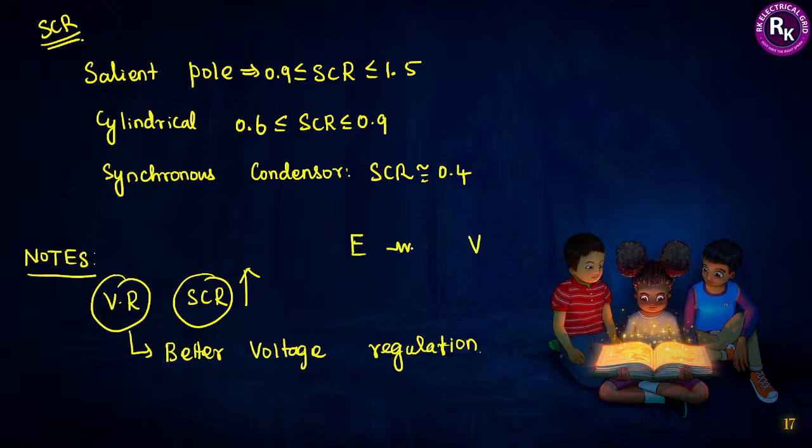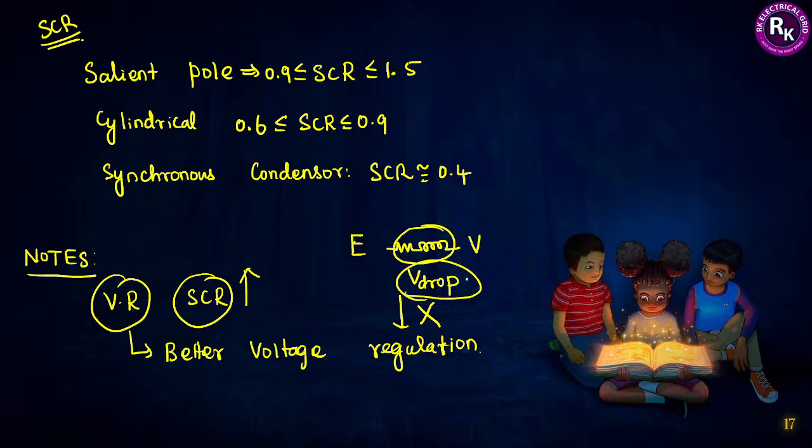We have resistance and synchronous reactance. How much voltage gets dropped here? If the voltage drop is more, then the voltage regulation is poor. Voltage drop and voltage regulation are inversely related.